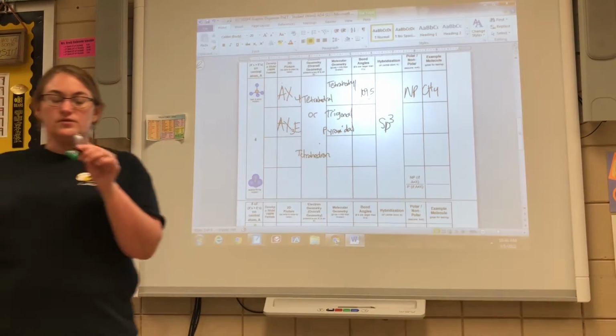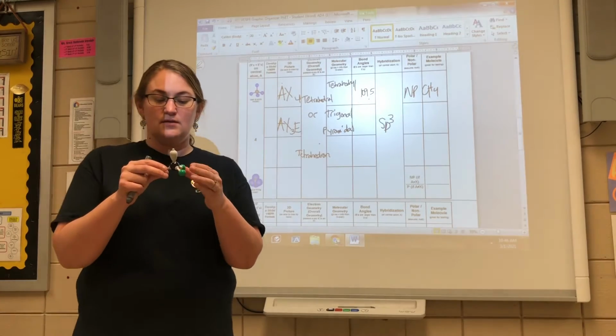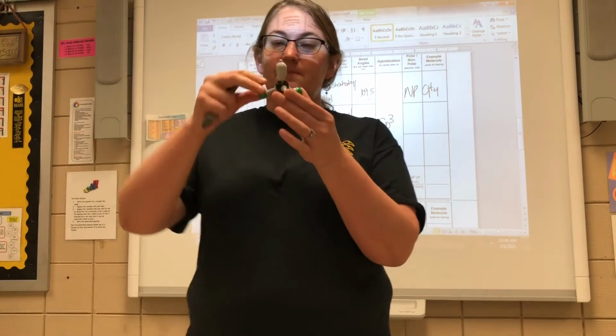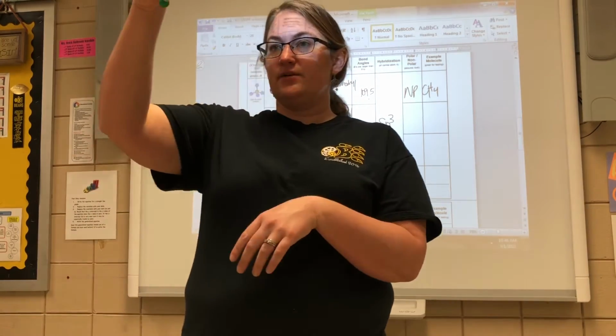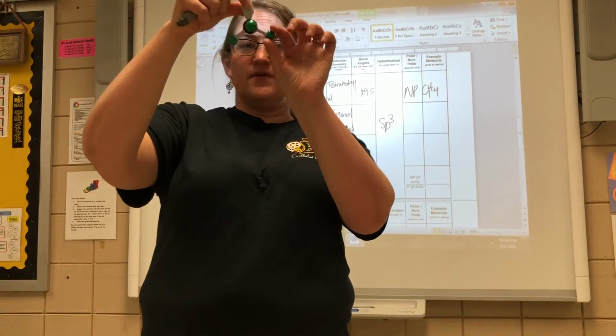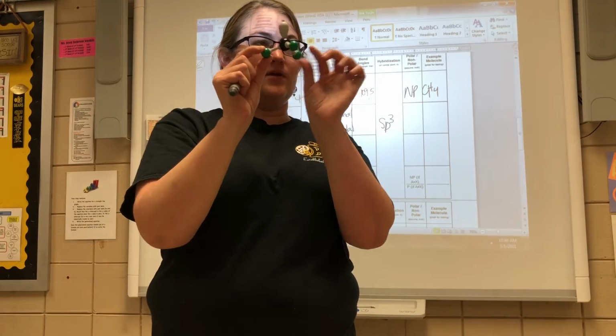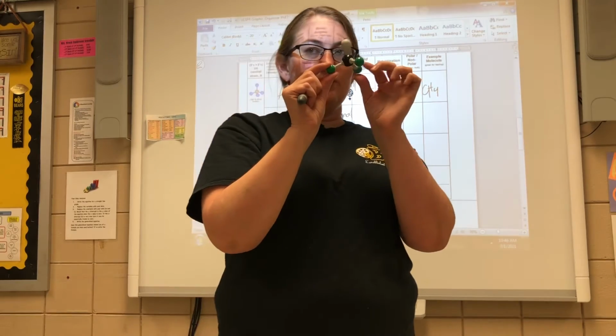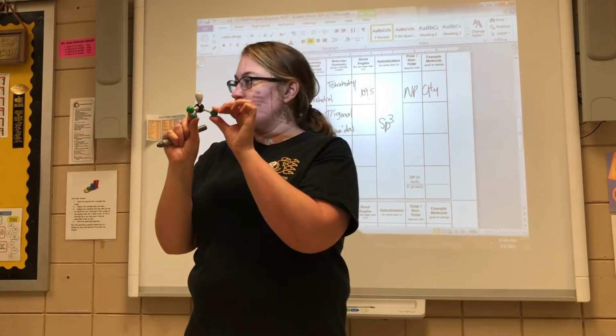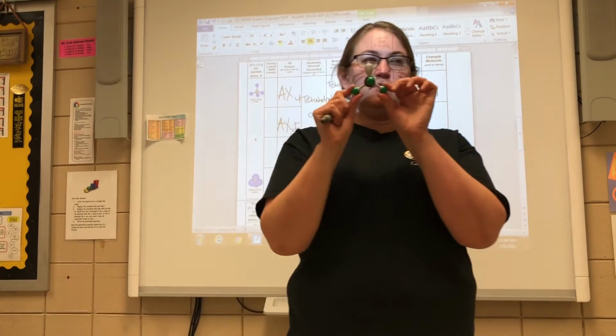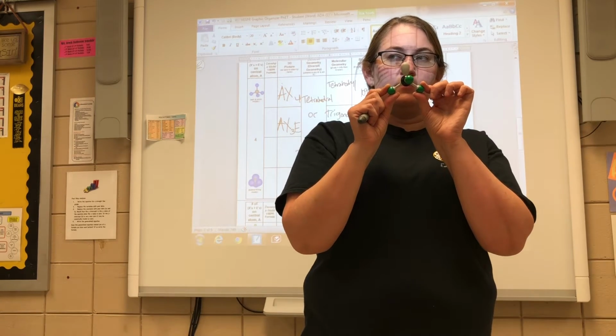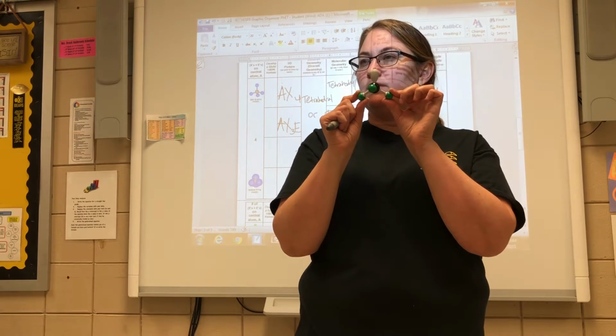All right, so when you do this, you've got electrons here, and you've got electrons floating around these, right? And when you put a negative against a negative, what are those 2 charges going to do to each other? Attract or repel?